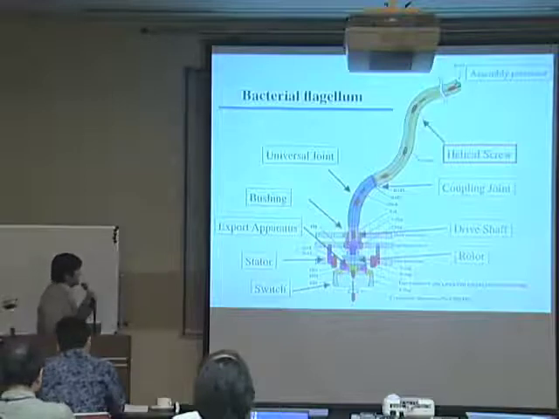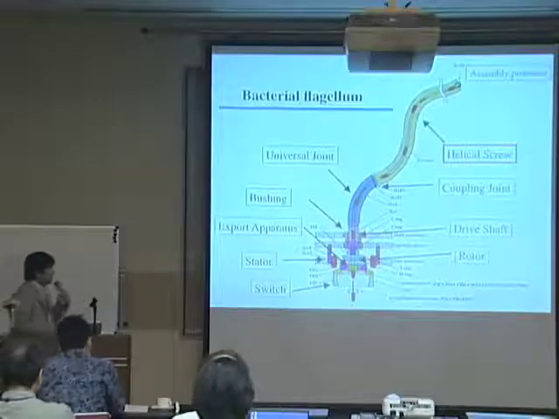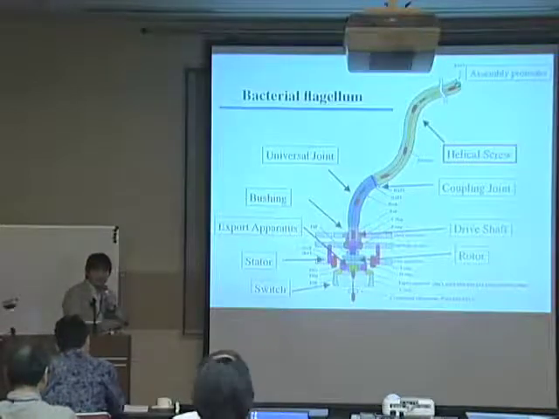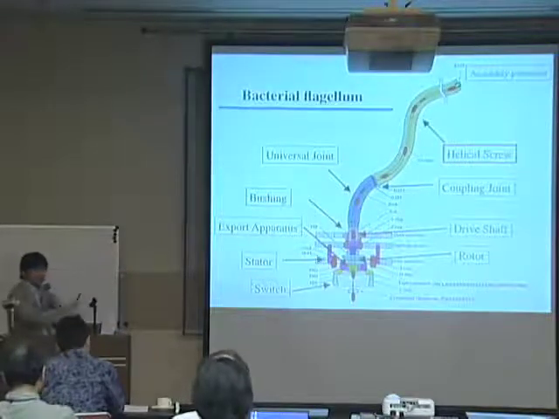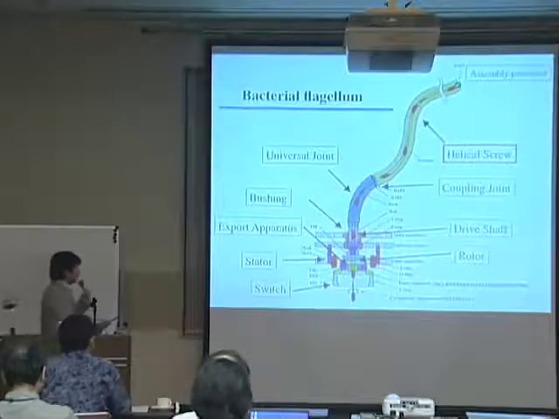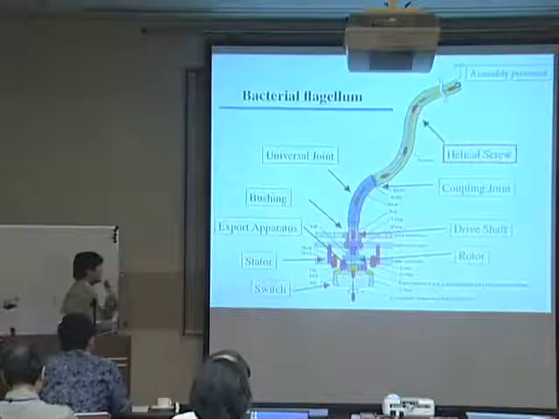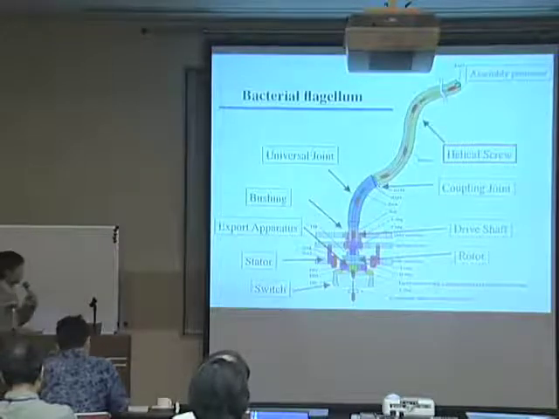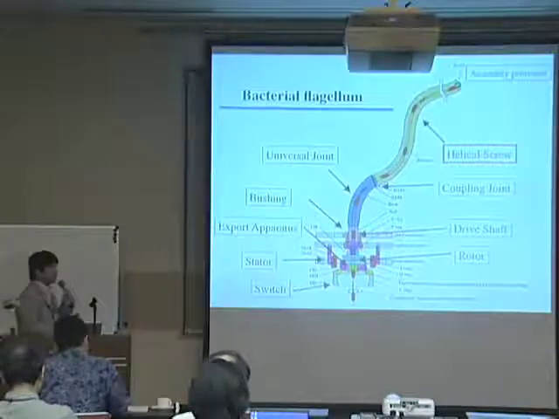As I showed you, the bacterial flagellum looks like a very unique machine, with no relation to other biological systems. But recently, we found structural evidence that the bacterial flagellum evolved from another macromolecular machine.